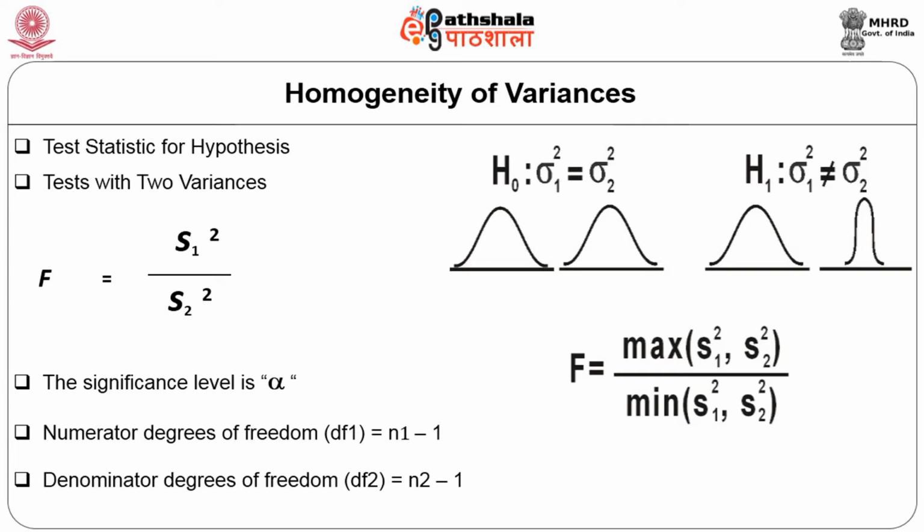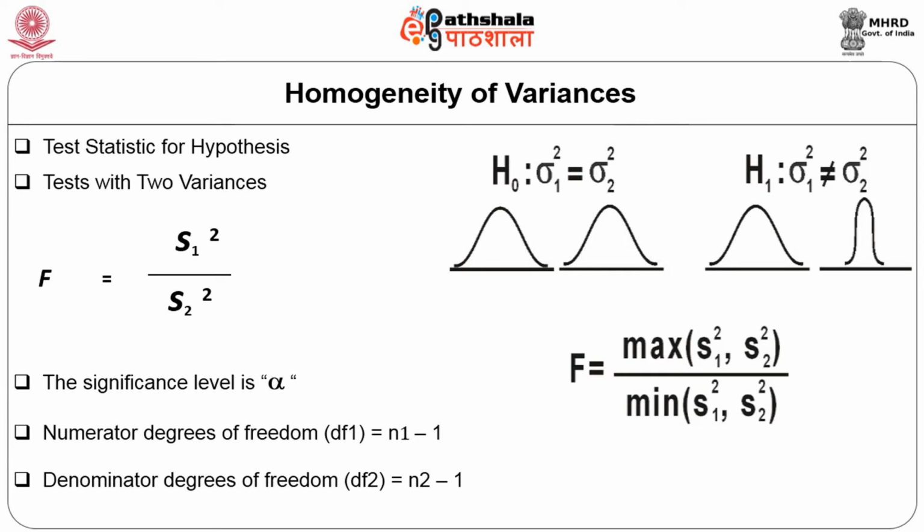So these can be tested by using the F statistic. The formula for the F statistic is, if we have two groups, experiment and control, calculate the variations of the two groups, take the maximum variation in the numerator and the minimum variation in the denominator, and calculate the test called the F test.